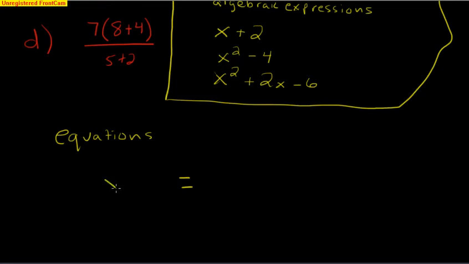So we might have x plus 2 equals 4. That's considered an equation because you have an algebraic expression over here, a numerical expression over here. So anytime you have two expressions combined with an equal sign, you've got yourself an equation. And with equations, typically we're going to solve, or in other words, we're going to look for a solution.